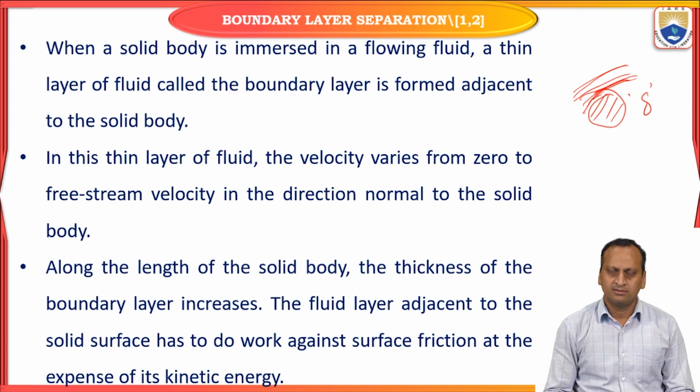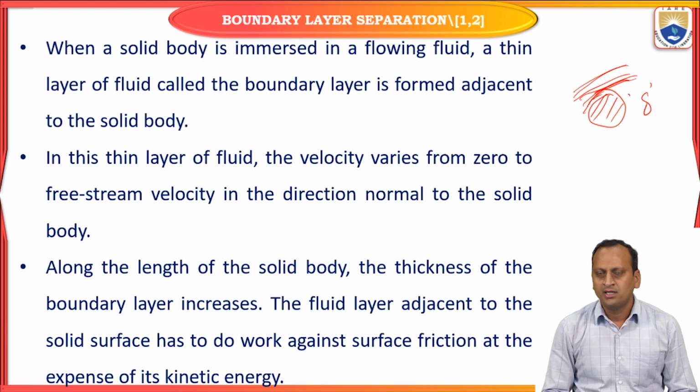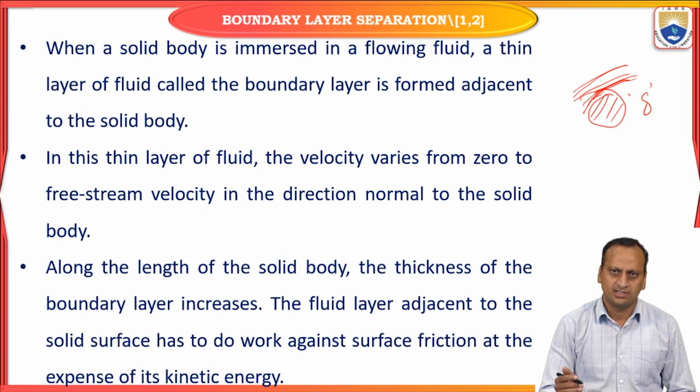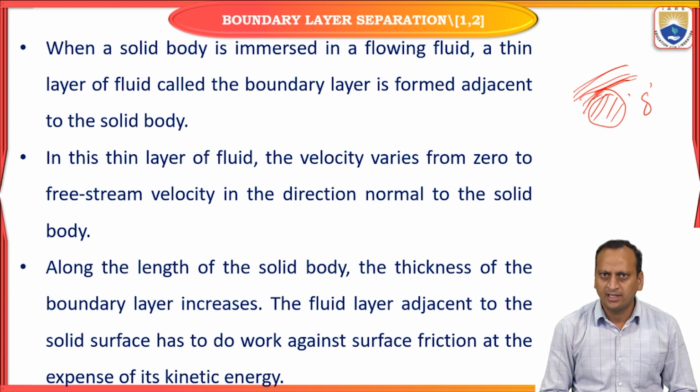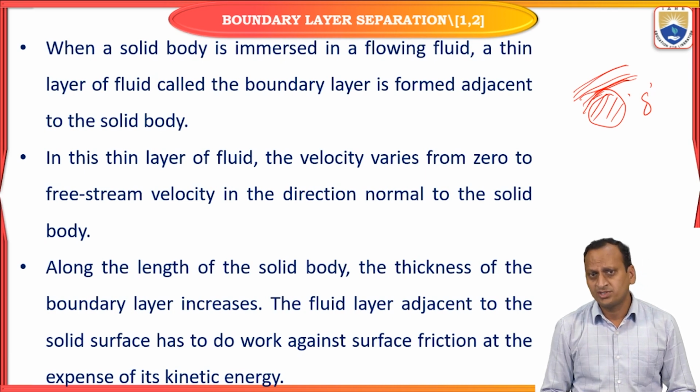So based on the pressure and velocity, the thickness of the boundary layer increases or decreases, or sometimes the boundary layer separates from the boundary, and in some cases the boundary layer can be controlled.